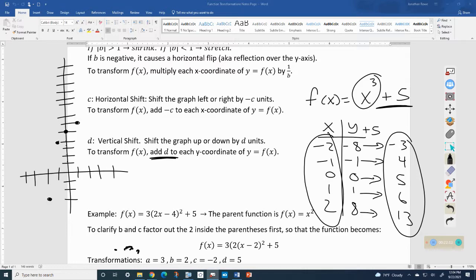And 2, 13. So this is what we have. And it is just the cube root function shifted up by 5.